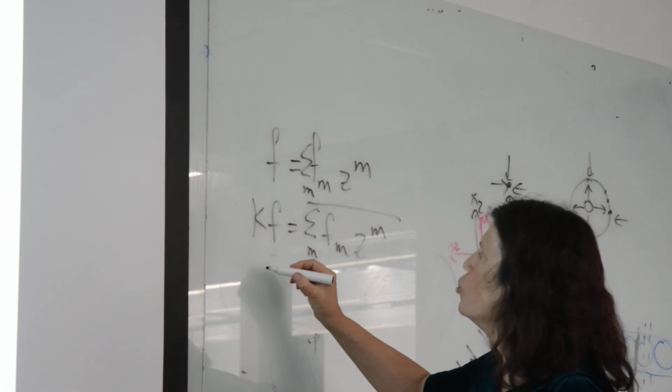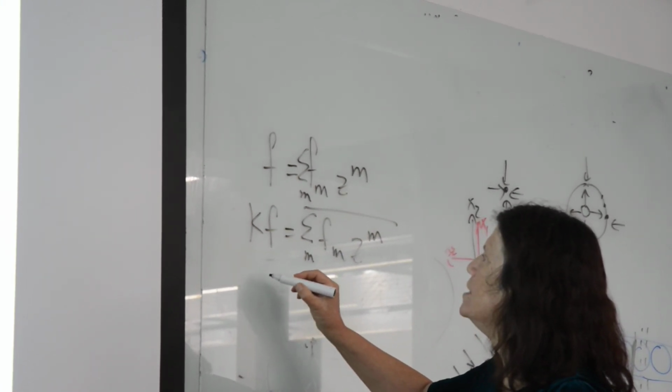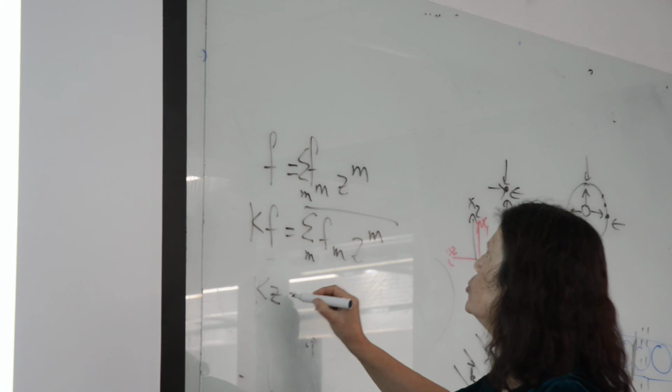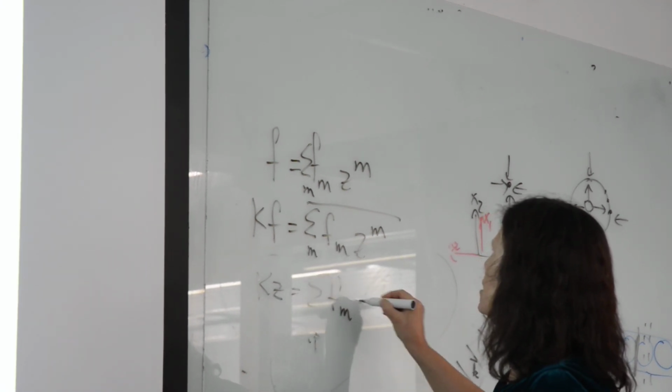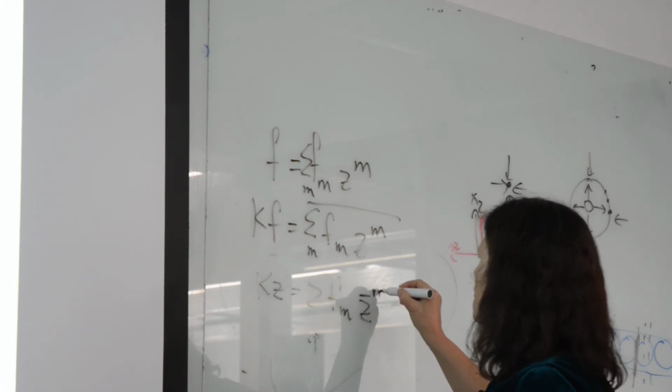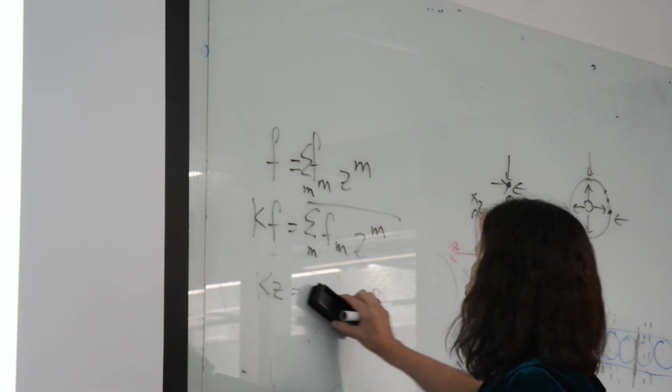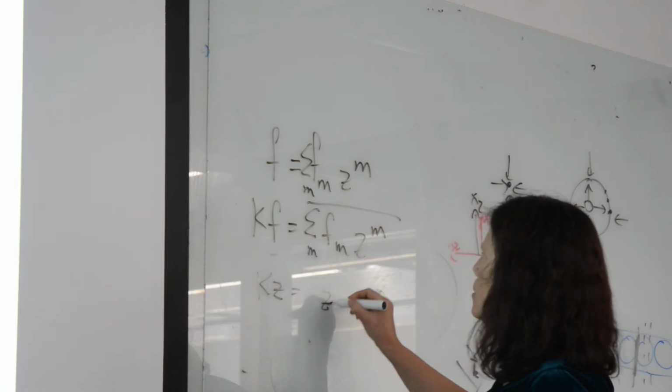But when we did first kappa on z, we turned it into its complex conjugate before doing, excuse me, we did z here.